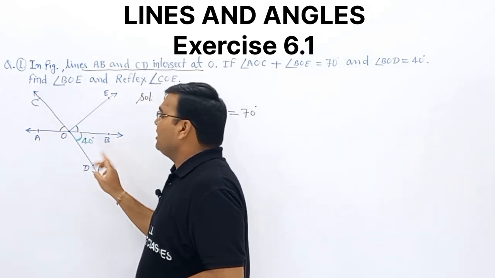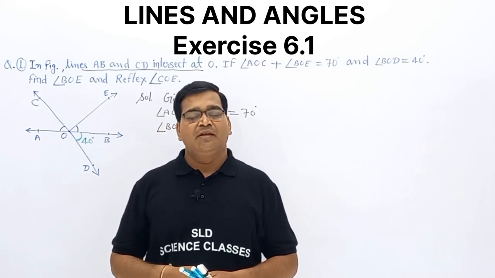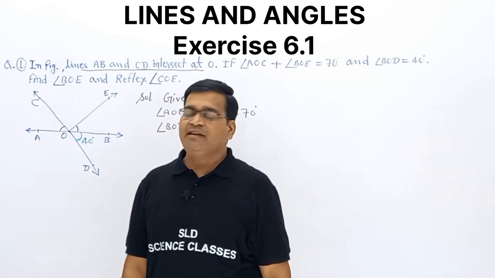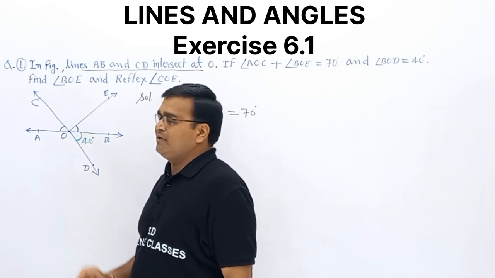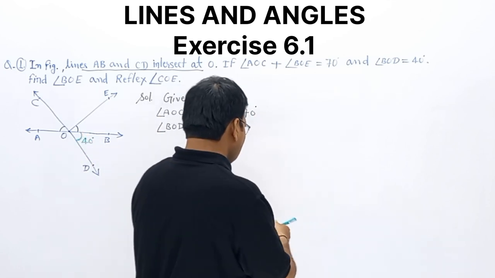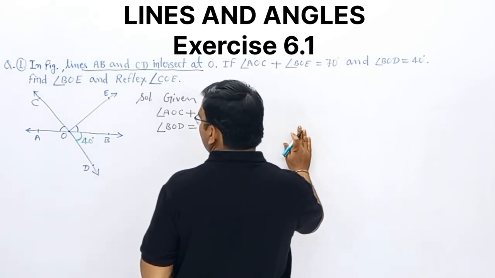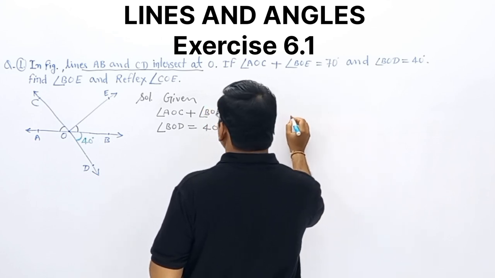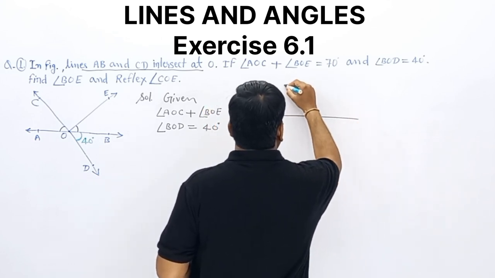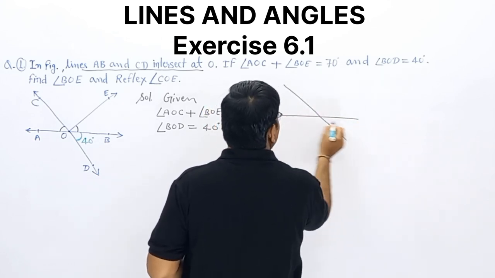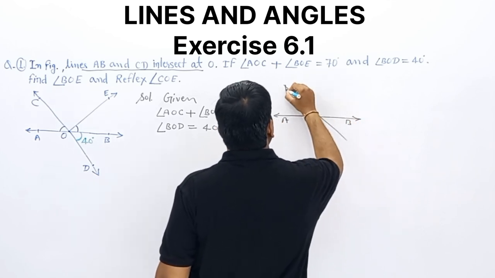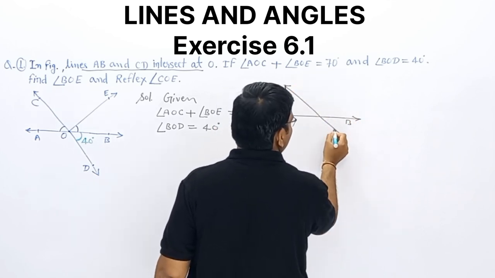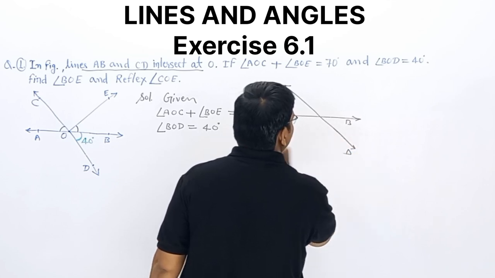Observe. AB and CD both are intersecting lines. They are intersecting at O. What lines do we have? We have these types of lines. This is A, B, and this is C, and this is D. Clear?